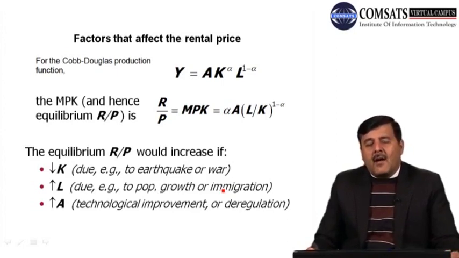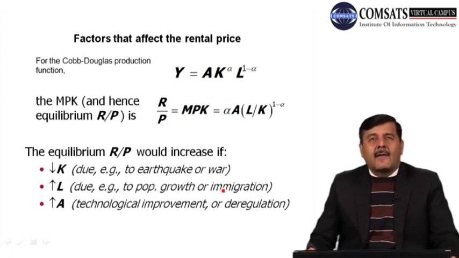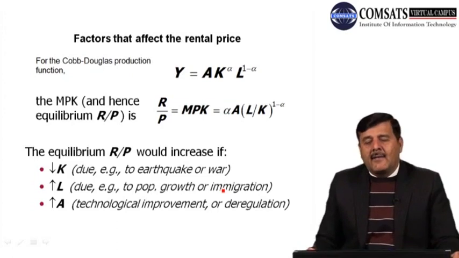If you remember, we have discussed the Cobb-Douglas production function, and we can write the Cobb-Douglas production function Y is equal to A K^α L^(1-α), where Y is the level of output produced, A is the level of technology used in the production process, K is the capital, L is the labor.